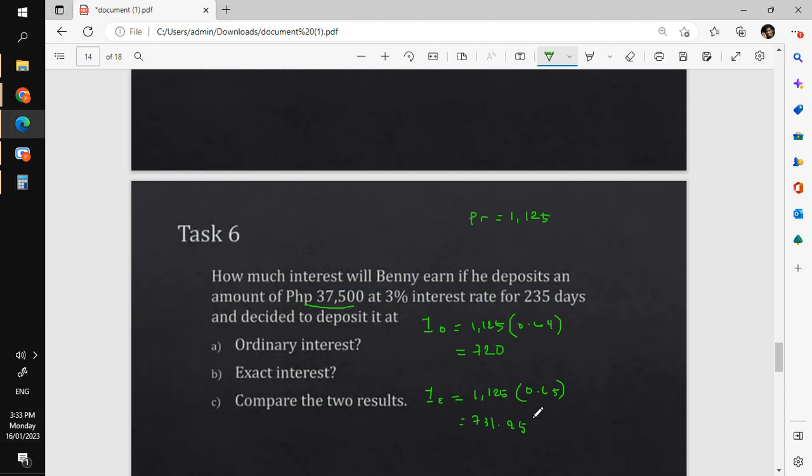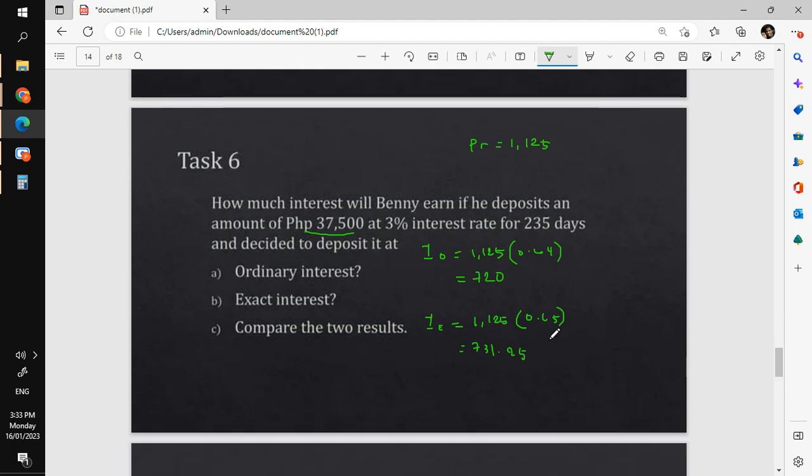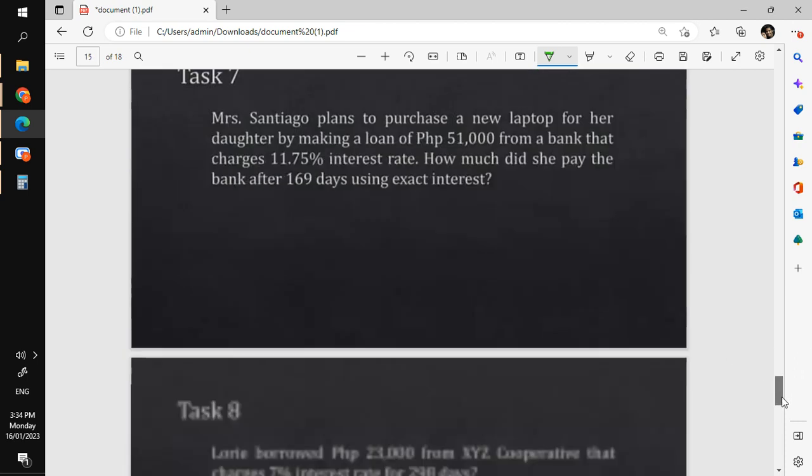Now comparing the two results, we yield a much higher result using the 360-day formula compared to the 365-day formula.